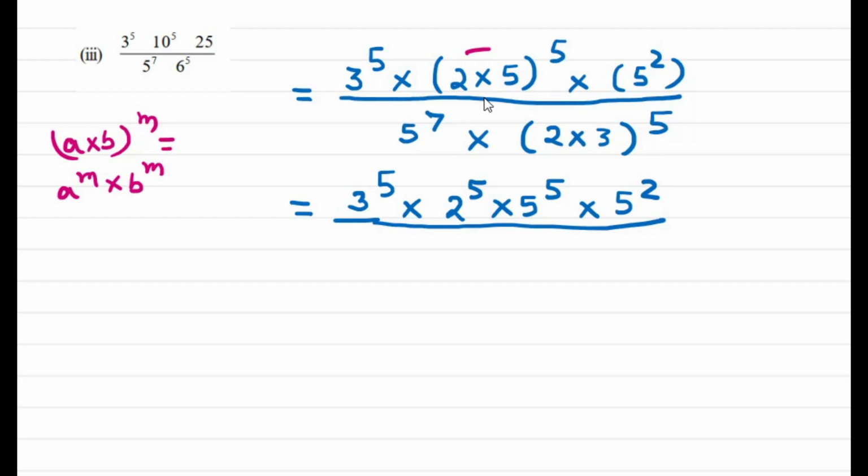So we have applied this law here. So now we'll write the denominator. In the denominator we have 5 to the power 7 into 2 to the power 5 into 3 to the power 5. So the same law we have applied here: a is 2, and b is 3, to the power m.